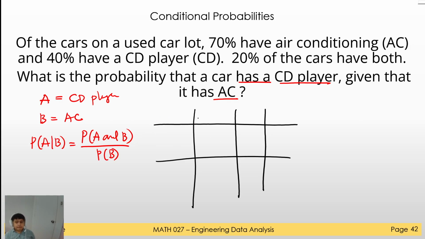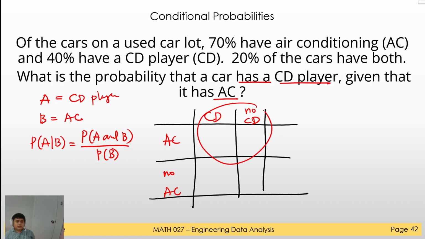So we have here, it could either be a CD or no CD, and we have AC or no AC. So what is the total that is given? We have 70% that have AC, so it could be either with CD or no CD. So it could be a sum of any two percentages, okay?